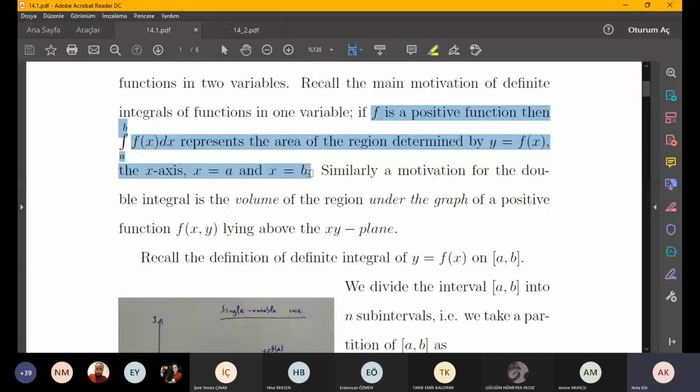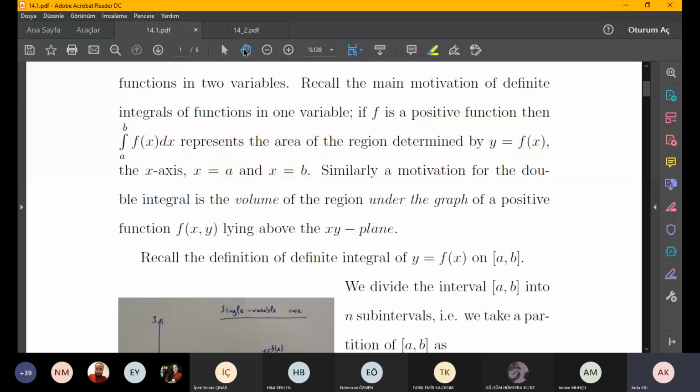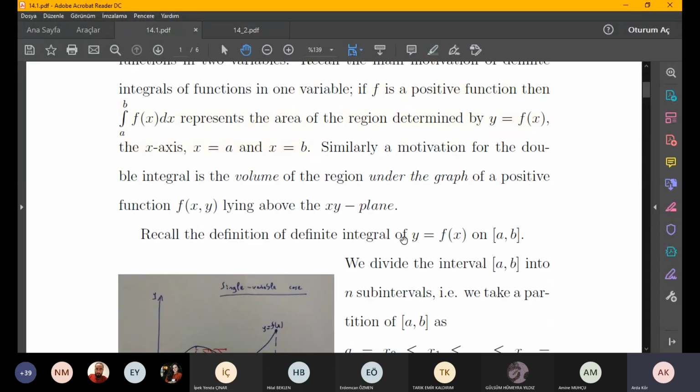Similarly, the motivation for the double integral is that it will be the volume of the region under the graph of a positive function, now z equals f(x,y), lying above the xy plane if it is positively defined, as we write here, positive function.